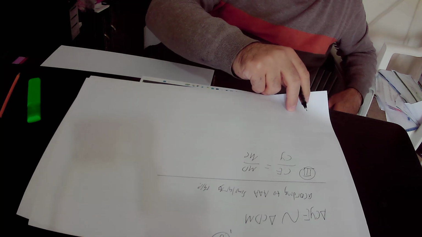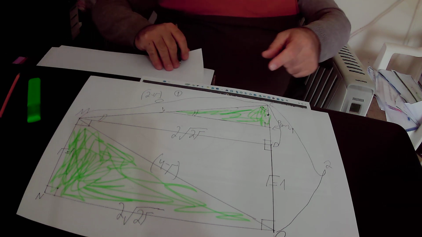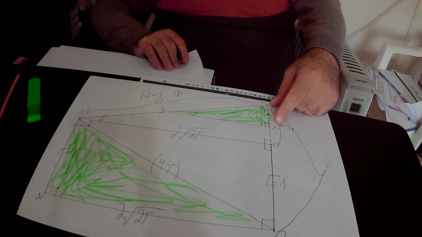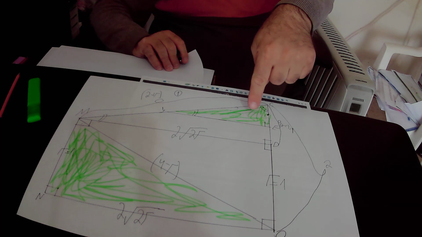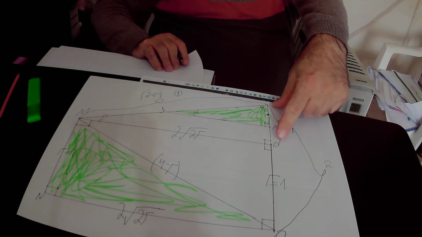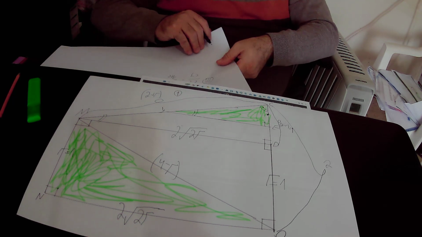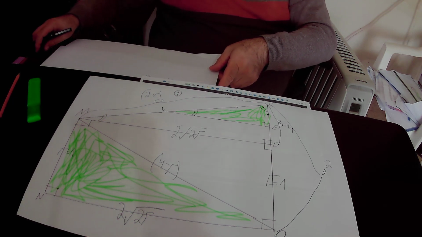I will repeat again. CE over CY in the green triangle CYE is equal to CD over CM in triangle CDM. Okay?